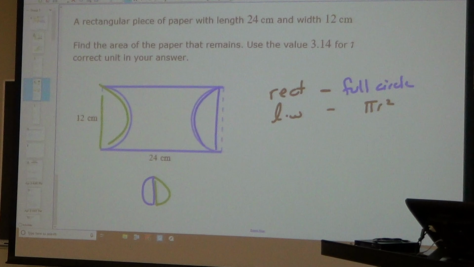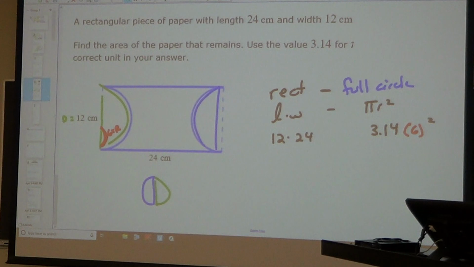What is my length times width? 12 times 24. And then what is the radius of the circle? 6. Very good. Because 12 represents the diameter. That's right. So 6 is gonna be your radius.